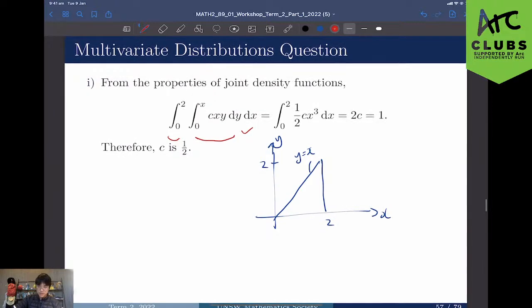So what we're going to do here is take vertical slices. And the slices are bounded by x and 0.